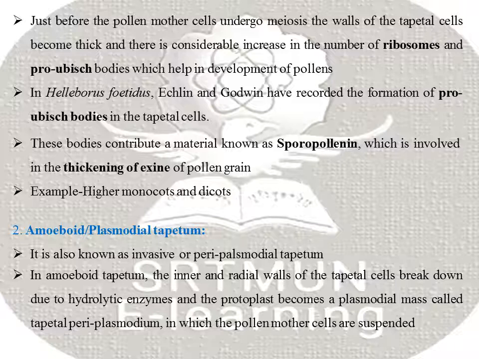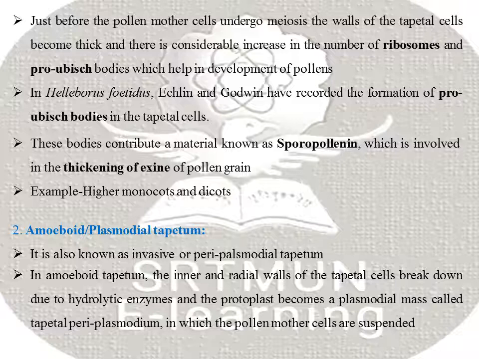These bodies contribute a material known as sporopollenin, which is involved in thickening of the exine of pollen grains. Example: higher monocots and dicots.